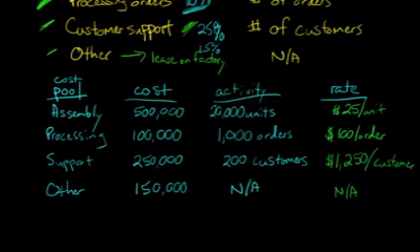Now, this isn't all that different from before, when we'd take our machine hours and our labor hours and divide that into our manufacturing overhead to get some kind of plant-wide overhead rate. But now we're saying, hey, there's really a lot that's driving that overhead. We've got some assembly going on here, we've got processing the orders, we've got some customer support.